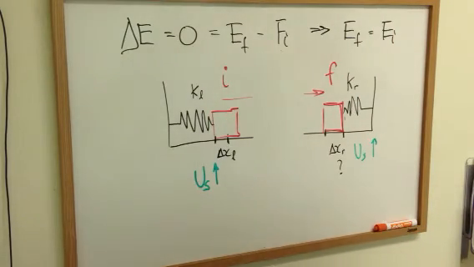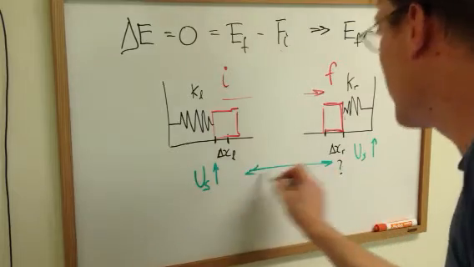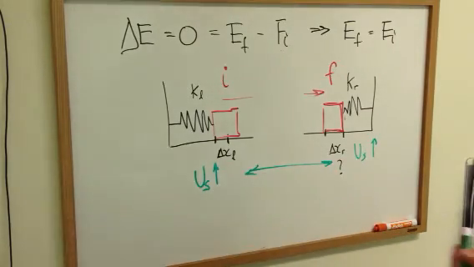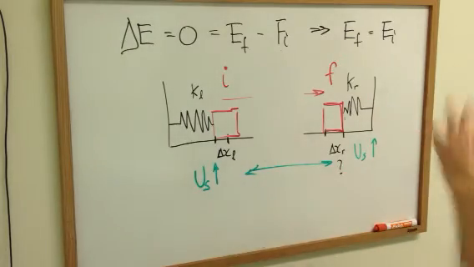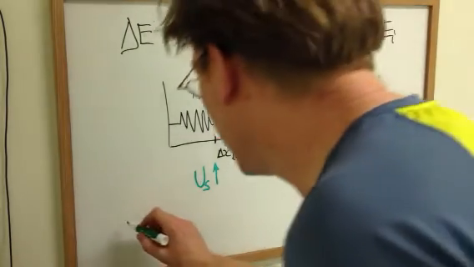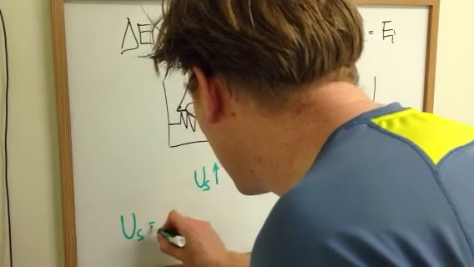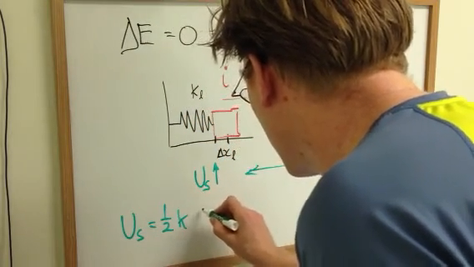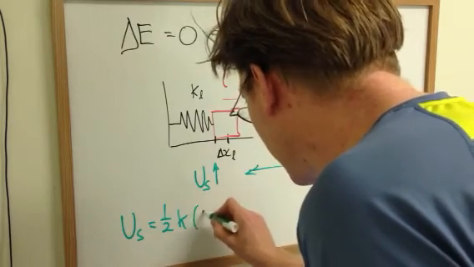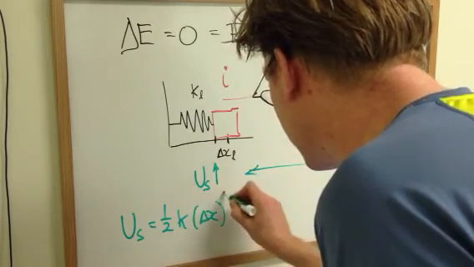So what we have is an equivalence between the energy within the springs at either end. Energy of a spring, 1/2 k x, or in this situation, delta x squared.